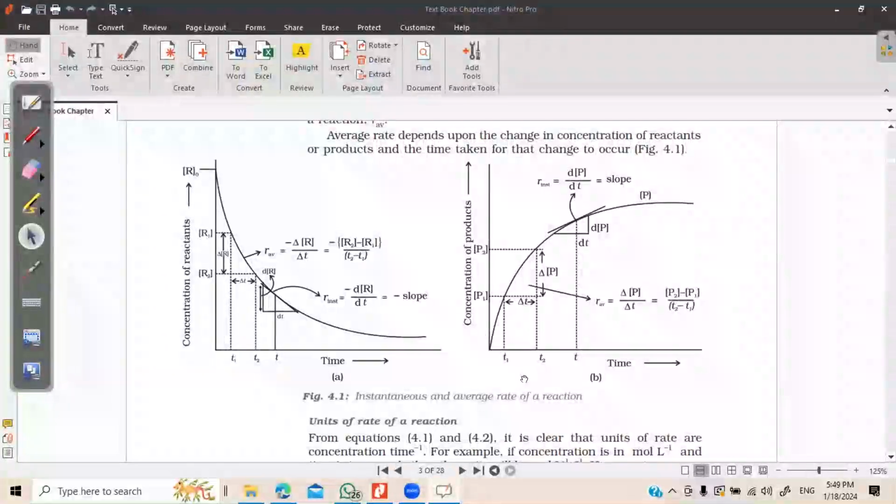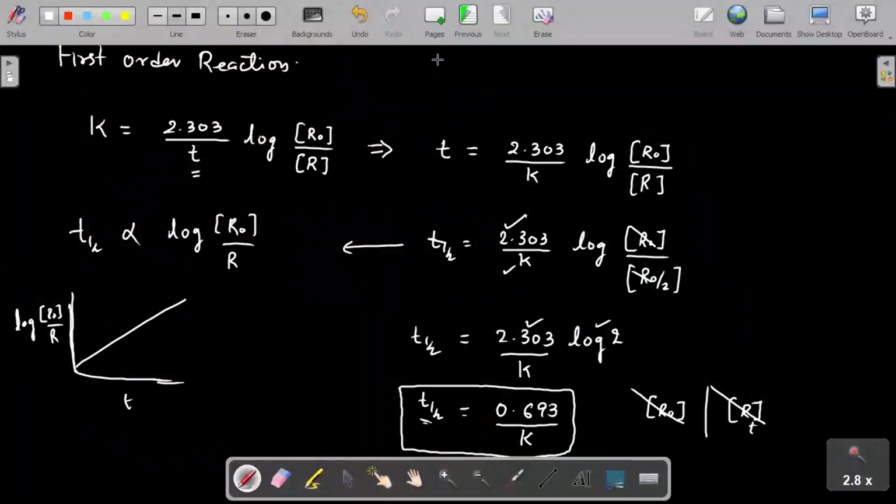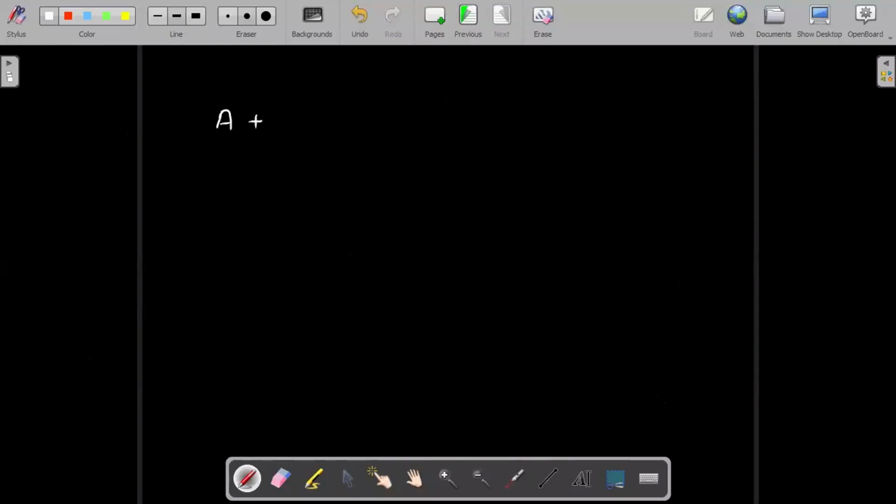Pseudo first order reaction, just a small glance. Sometimes what happens is that A plus B gives us C plus D. By looking at the chemical reaction, we assume that the reaction appears second order.